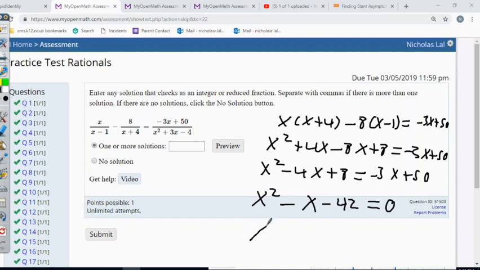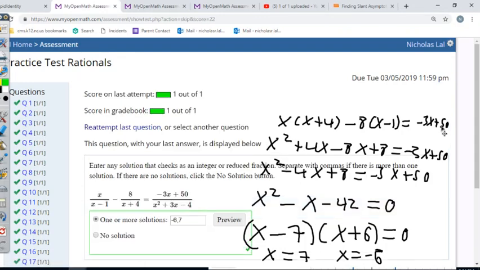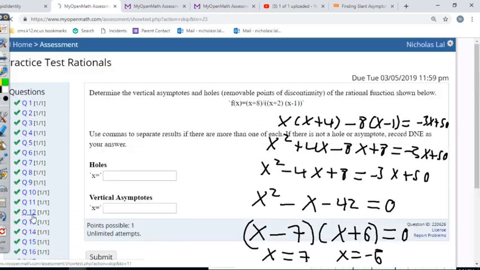So that would become x minus 7, x plus 6 is equal to 0, which means x is equal to 7, x is equal to negative 6. So our solutions would be negative 6 and 7. Those are correct.